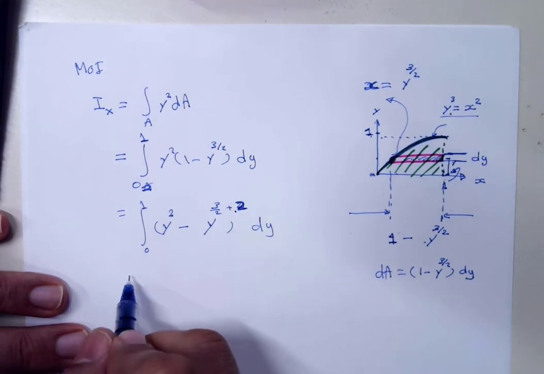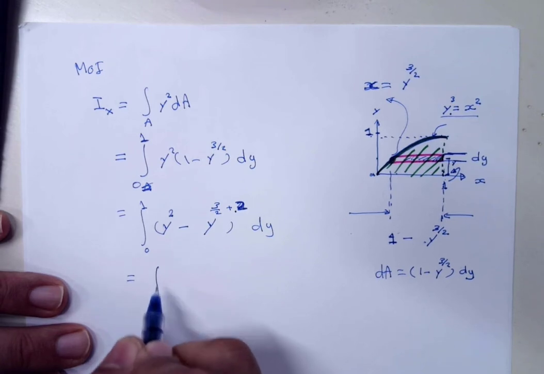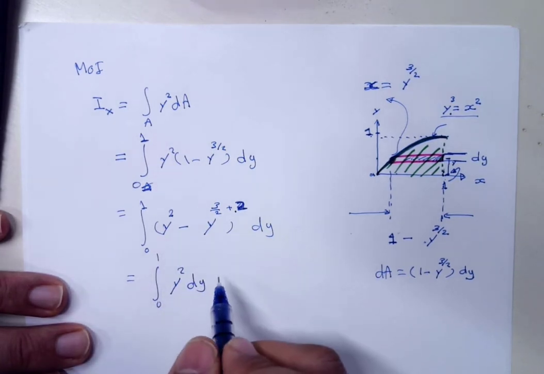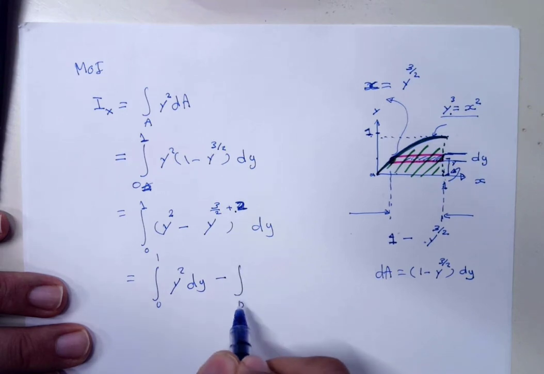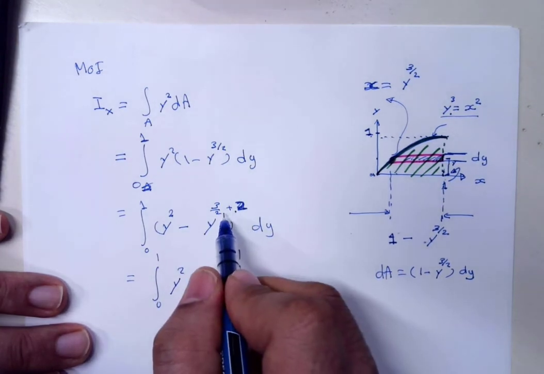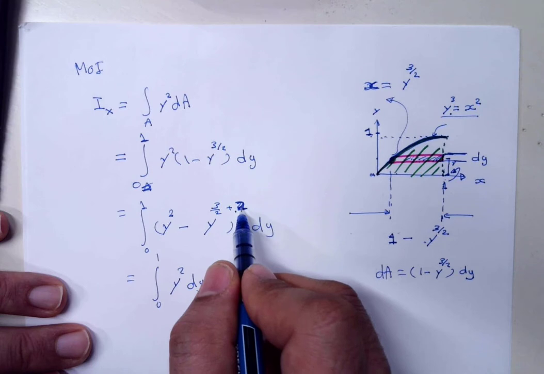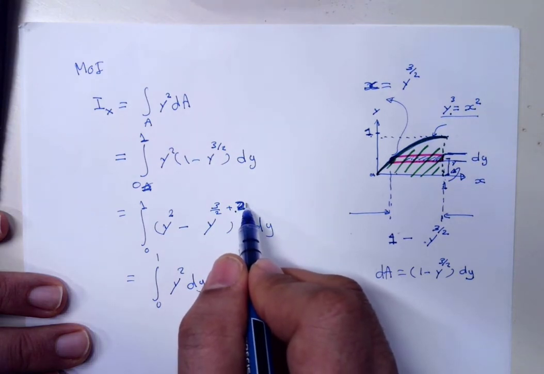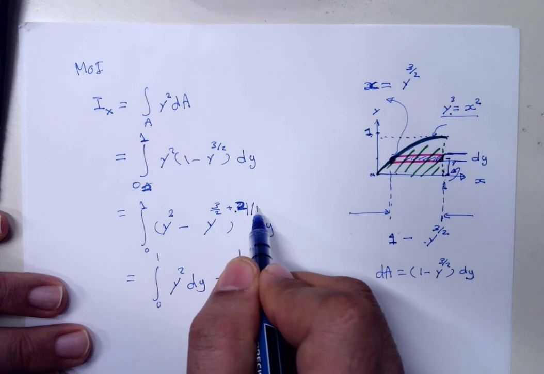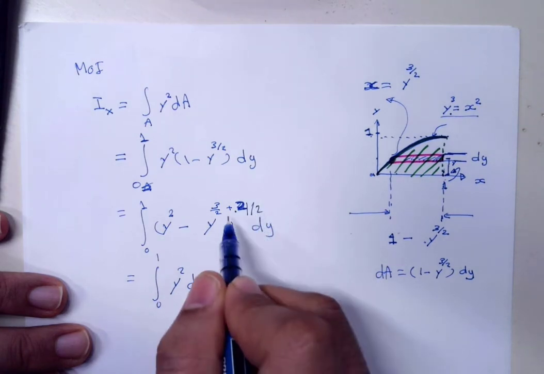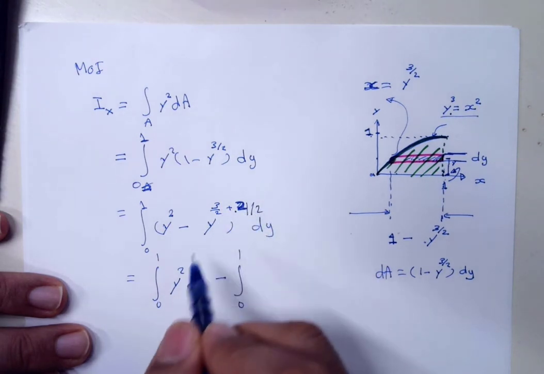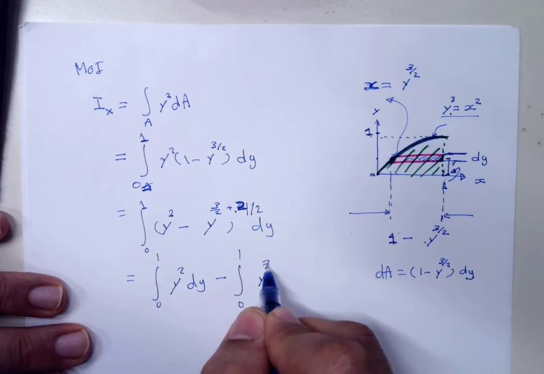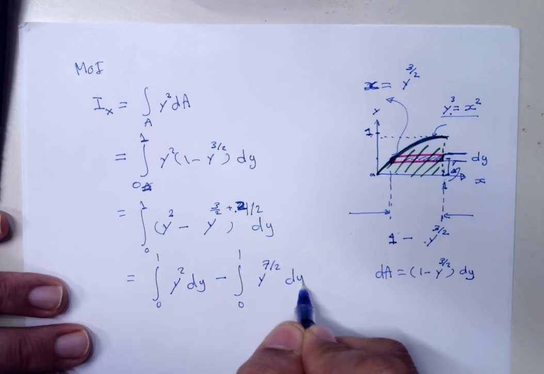Now this is from 0 to 1 y squared dy minus from 0 to 1 3 over 2 plus 2, so this is going to be 4 over 2, so this is 3 plus 4, it's 7, so it's 7 over 2 dy.